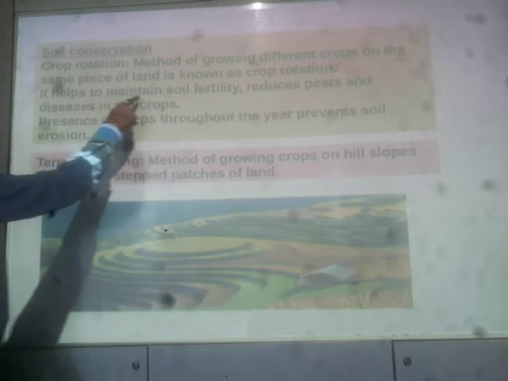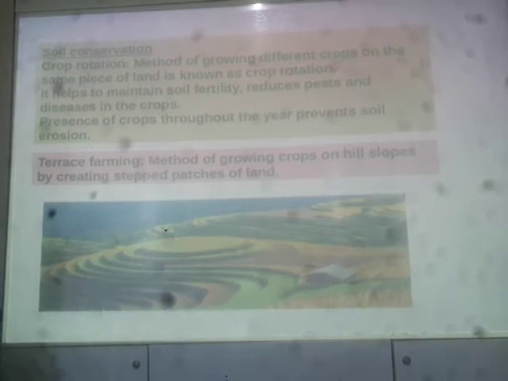It helps to maintain the soil fertility. How does it help the soil, or how is soil erosion prevented? First of all, this is the biggest advantage of crop rotation: it maintains the soil fertility.